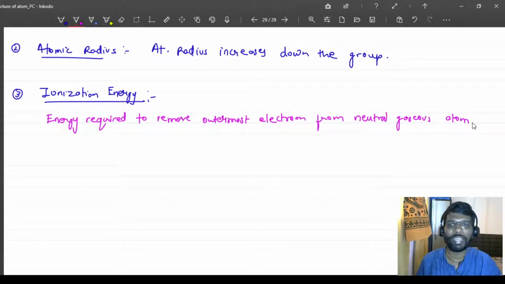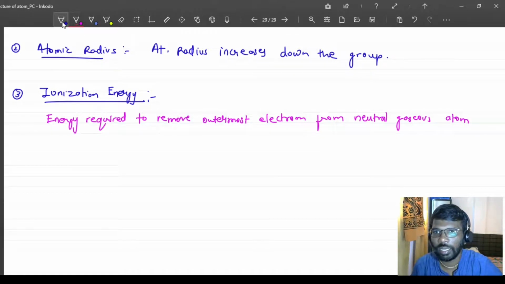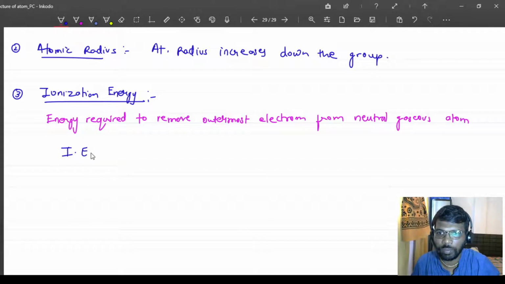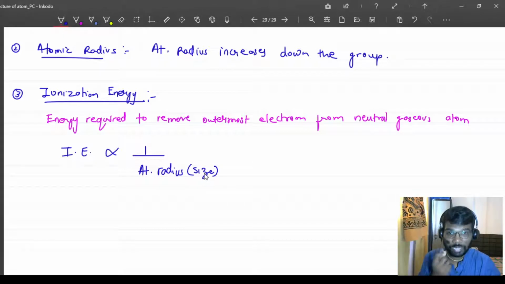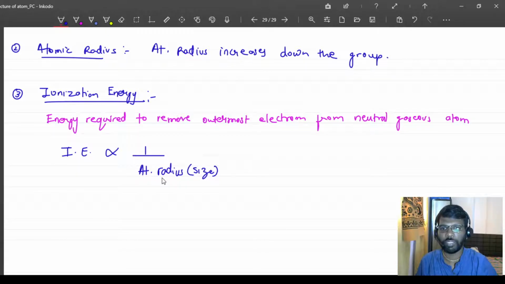Whatever energy is required to remove the outermost electron is called ionization enthalpy or energy. Now, ionization energy is inversely related to the atomic radius, or you can say it is inversely related to the size of the atom. Means as the size increases, the ionization enthalpy decreases. Now, what is the meaning of that?